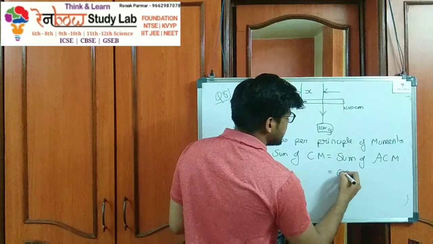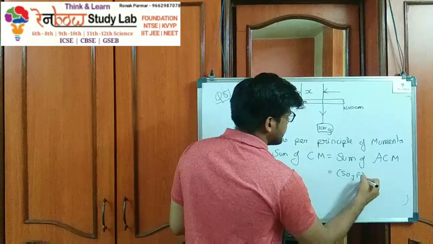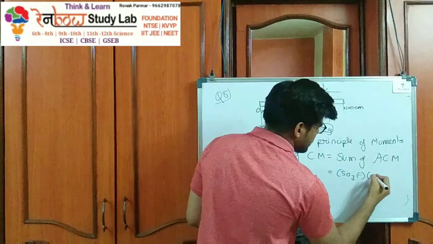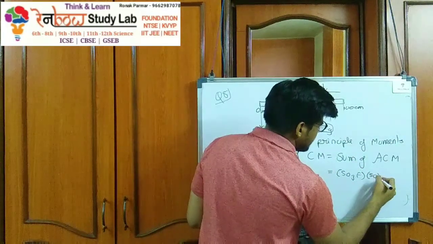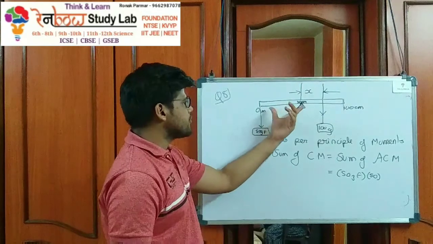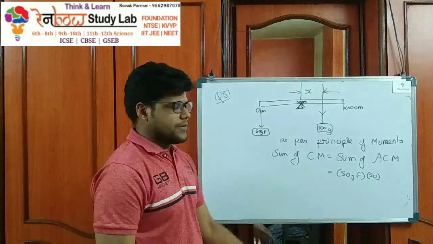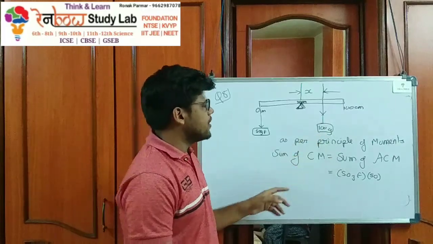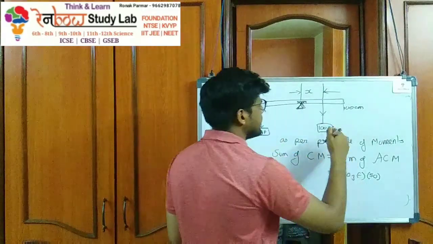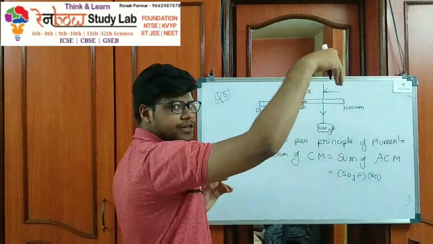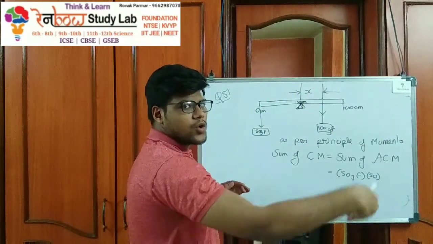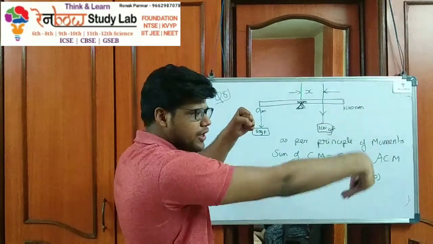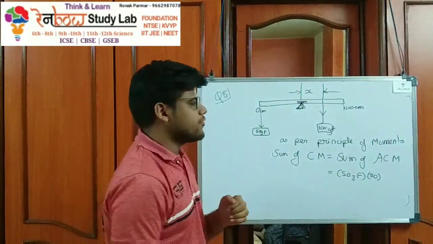So it is 50 gf, and the distance from the pivot point is 50 centimeter. The distance between 50 and 0 is 50. And for the sum of clockwise moments, this 100 gf which is applied on the right hand side and downwards will create a clockwise moment. O is the pivot point; the right hand side of the pivot and downwards will create a clockwise moment.